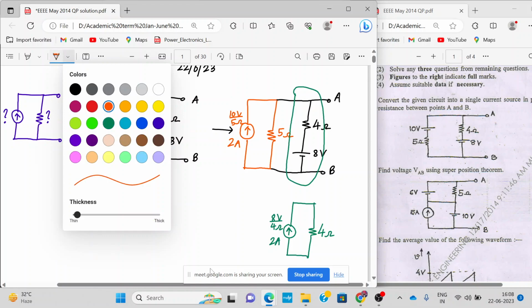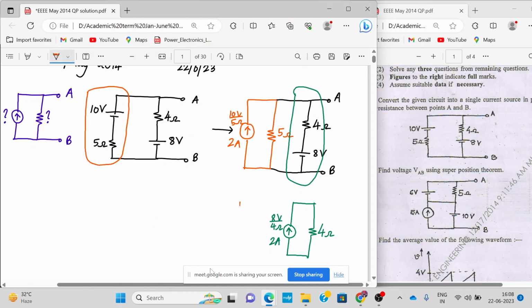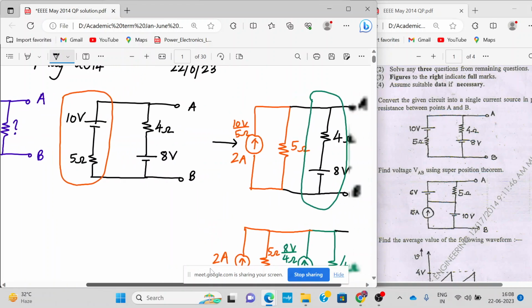So this is the earlier circuit. This is 2 amperes and this is 5 ohm, and this is A and B. Now tell me, what do we do next?